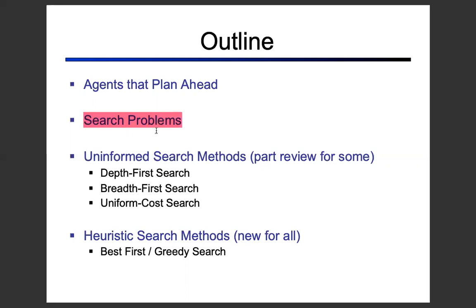For finding the problem, we are going to use some uninformed search methods, of which most of you have heard: depth first search, breadth first search, and uniform cost search. We are going to discuss depth first search and breadth first search together because they relate to path finding and path communication.